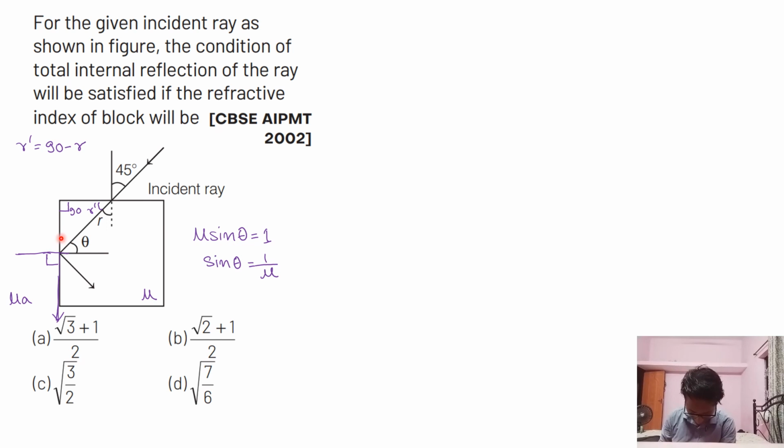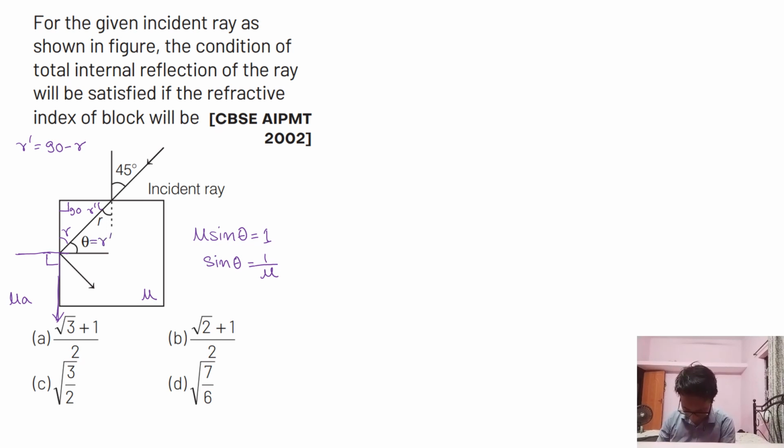This will also be r, because r plus r dash plus 90 is equals to 180. So r plus r dash is equals to 90. So this is r. Now see, this angle forms 90 degrees. So theta is also equals to r dash, and 90 minus r.